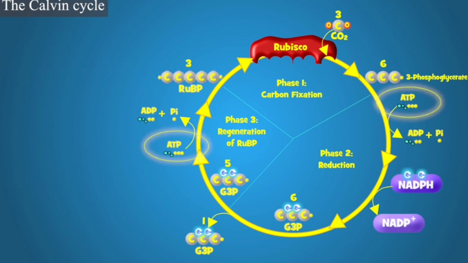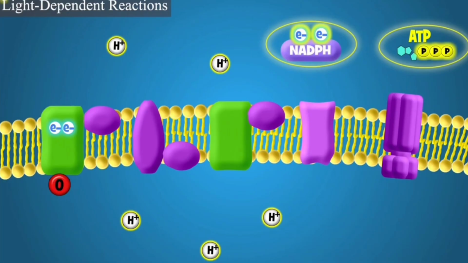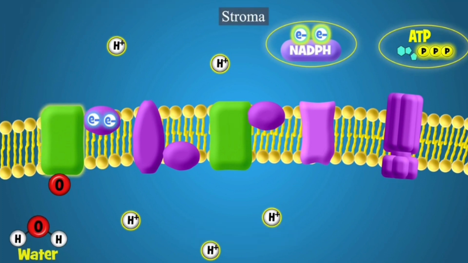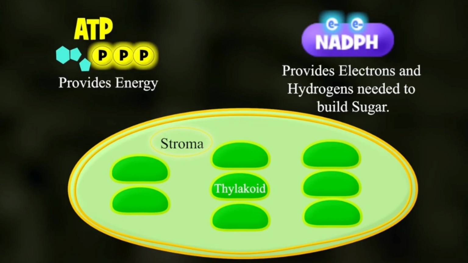Nevertheless, two key products from the light-dependent reactions are needed to make the Calvin cycle work: ATP and NADPH. They are made during the light reactions at the thylakoids. The Calvin cycle takes place in the fluid surrounding the thylakoids, called stroma.